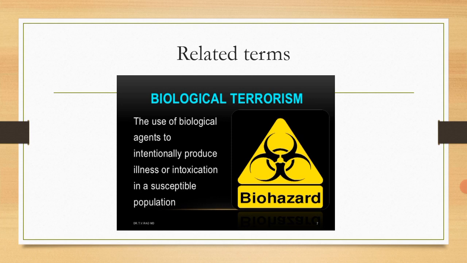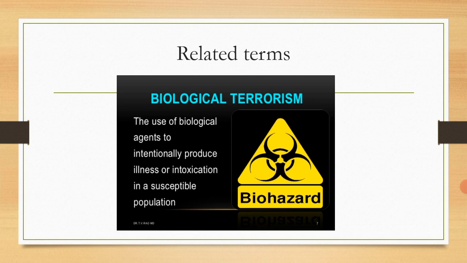It is the use of a biological agent to intentionally produce, as I have mentioned, this is an intentionally and purposefully created act, to produce illness, that is, disease conditions or intoxication, in a susceptible population or in a community.